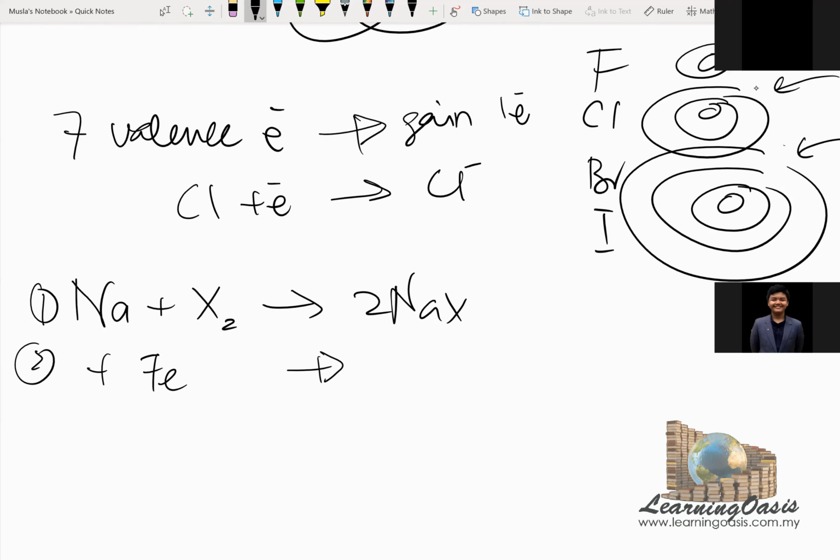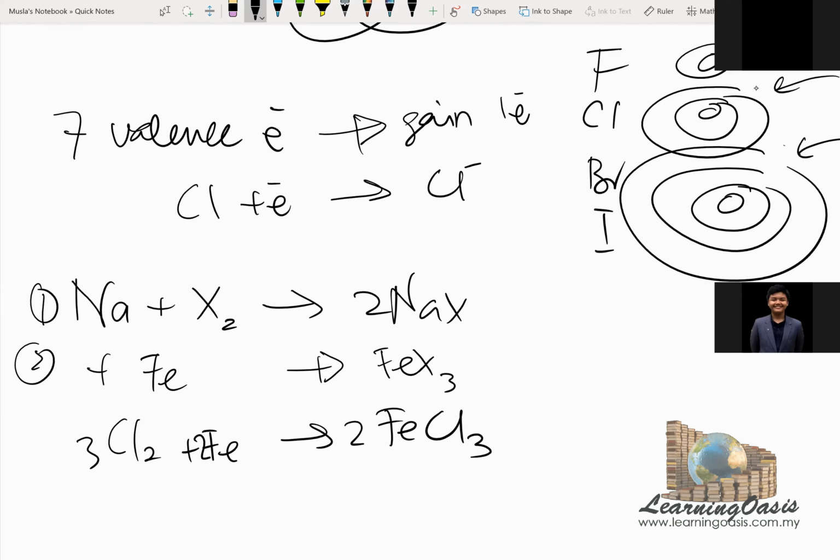Remember, halogen is a strong oxidizing agent, so it will oxidize it to +3. So you're going to have FeX3. Like if I give you chlorine plus iron, I'm going to get FeCl3, right? It will oxidize to the maximum because it's a strong oxidizing agent.